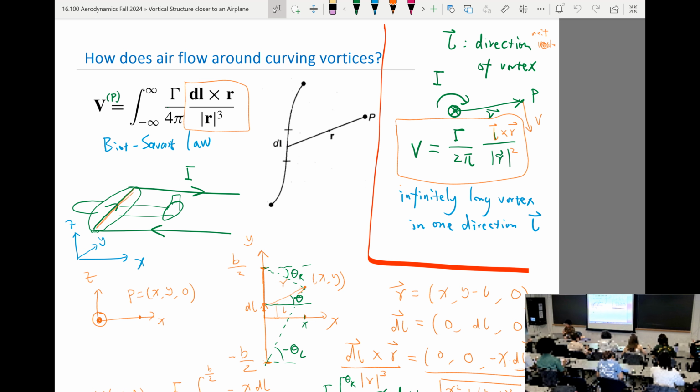Can somebody tell me, my dl would be, for that particular segment, pointing towards the inside of the board, right? So using the right-hand rule, and looking at this formula, what is the velocity induced by a small segment dl that points in that direction? What is the direction of this velocity field in the xz plane?